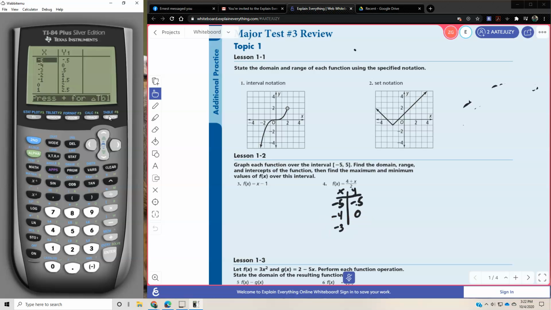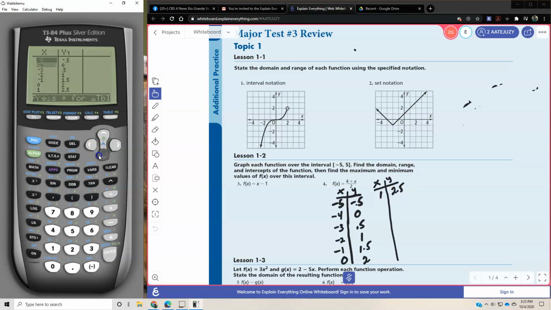Negative 3 is 0.5. Negative 2 is 1. Negative 1 is 1.5. 0 is 2. And I'm going to continue making my table here. So we have 1 is 2.5.